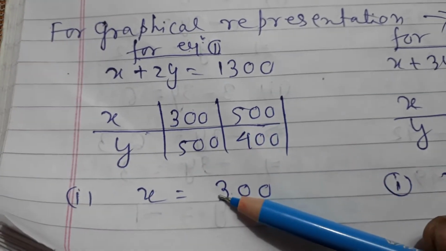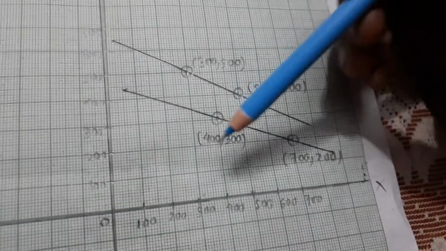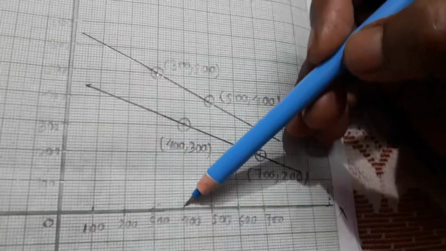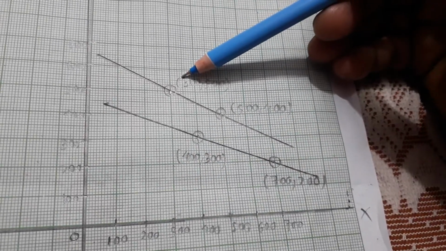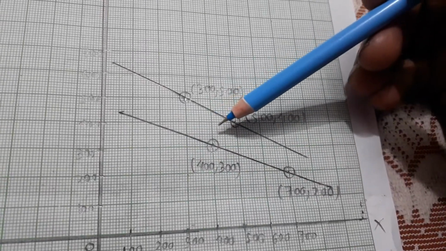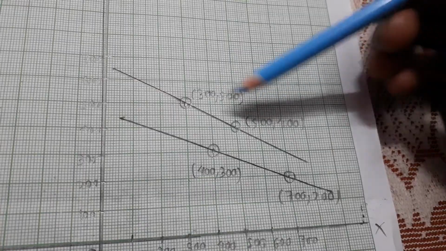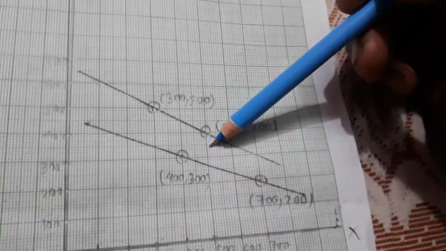Now look, the points (300, 500) and (500, 400). So find these points here, and draw the line taking these 2 points.